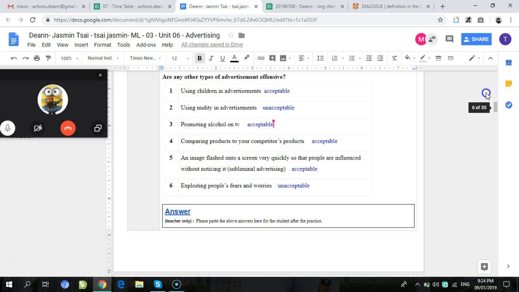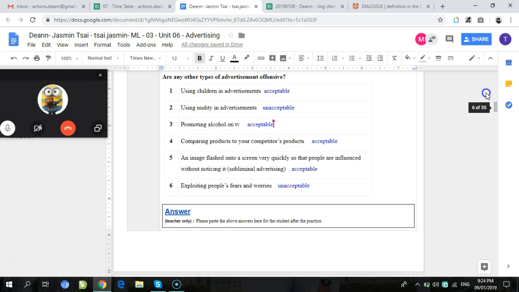Mm-hmm. Okay, so we cannot drive after we drink alcohol. Okay, very good. So that's why it is not acceptable, because it may cause harm to those who will look at them.